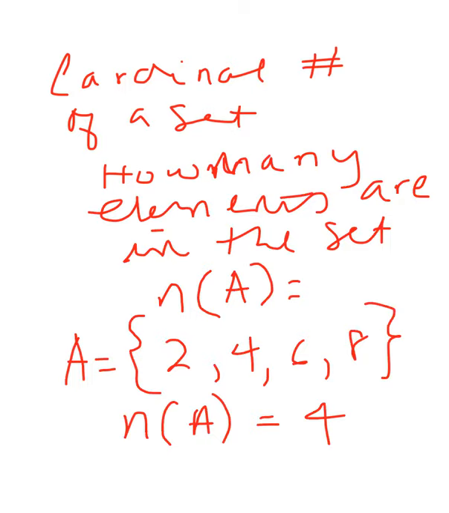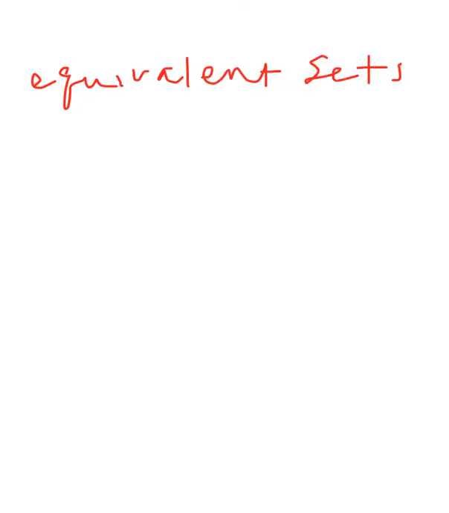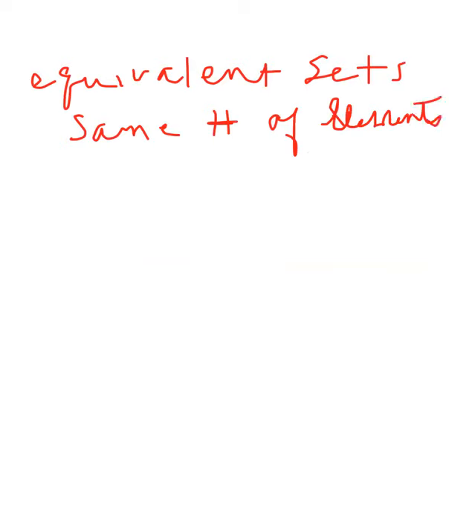Now, next, remember guys, this is mostly about terminology and definitions, and yes, we will get into an example very shortly, okay? Equivalent sets. When we talk about equivalent sets, this means two sets that have the same number of elements, okay? So two sets containing the same number of elements.